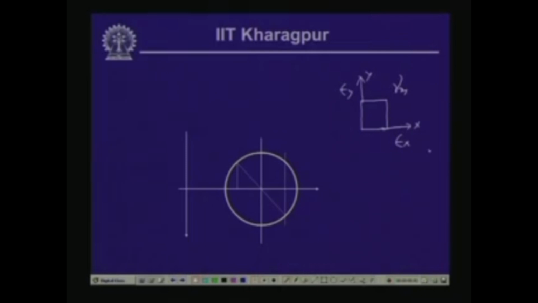Now, we can plot them in the Mohr circle, this being the positive strain axis and this is the positive gamma by 2 axis. This particular point represents the positive epsilon x and gamma xy by 2, and this particular point, which is diametrically opposite to this point, represents epsilon y and minus gamma xy by 2.